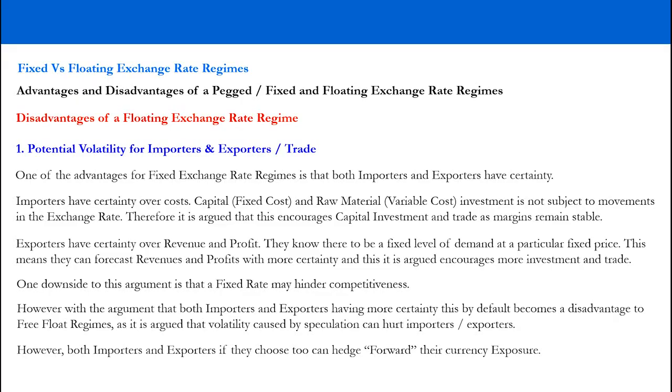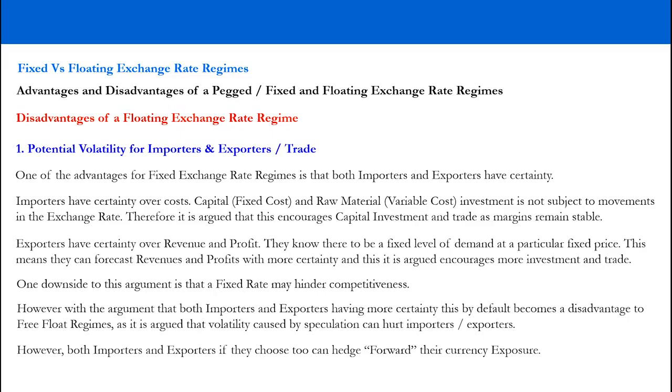So it's argued that importers and exporters have more certainty under a fixed regime. Think about this in terms of an importer first. An importer, for example, that has fixed costs and variable costs, so fixed capital investment and raw material costs that are variable and move on future production and can be exposed to an exchange rate.